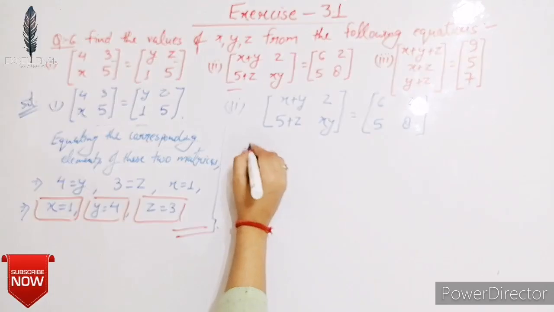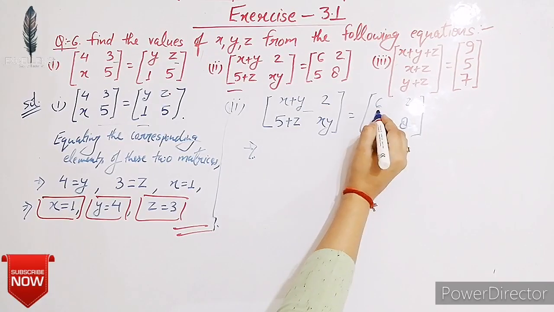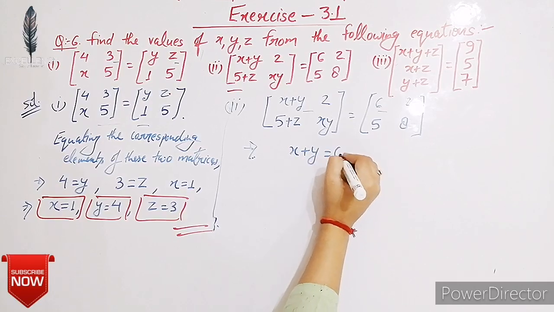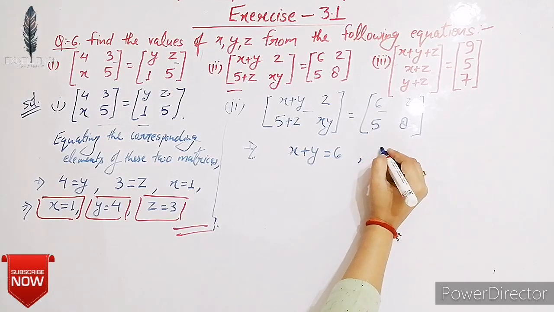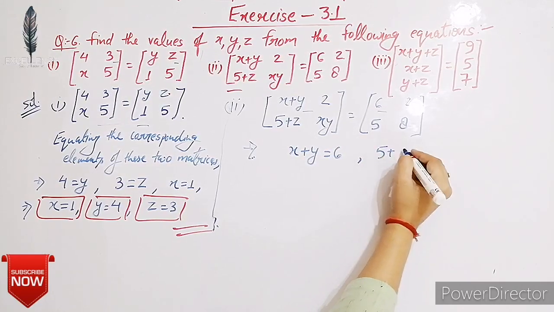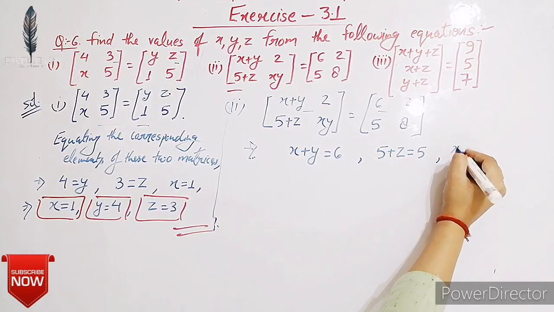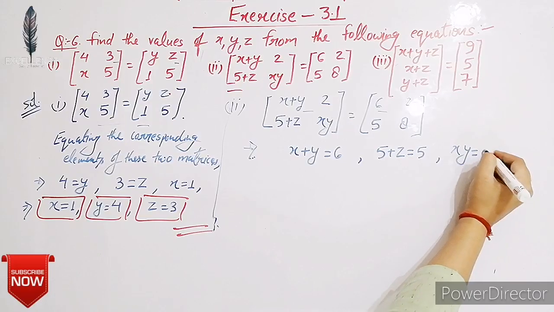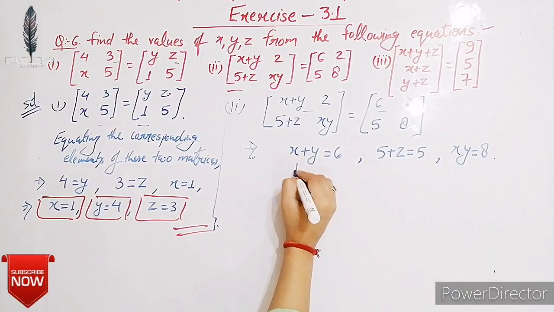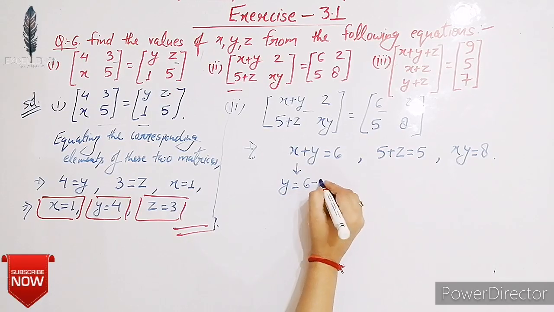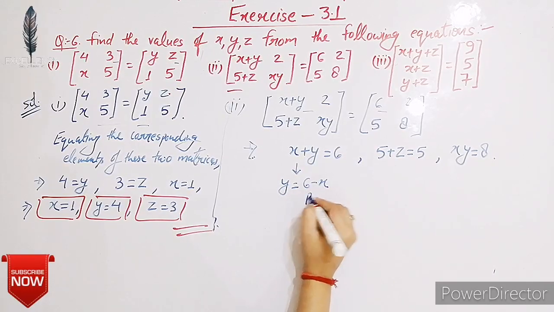Okay, equating the corresponding elements we have the equation first x plus y equals 6, and A21 if we compare, then 5 plus z equals 5, and last element xy is equal to 8. Okay, from the first equation we get y equals 6 minus x.